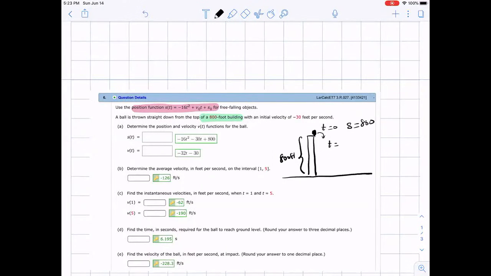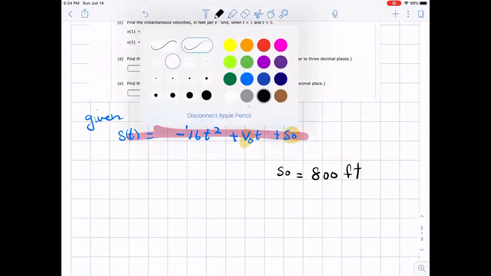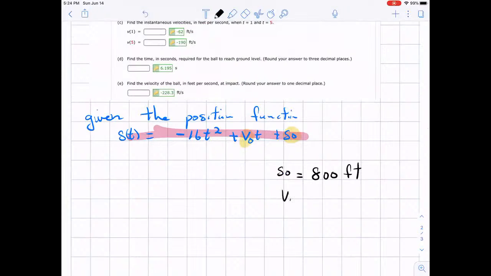As t becomes, let's say, 2 seconds, that s will reduce because the ball is falling. And the initial velocity given to you was minus 30. So that means that v0 is minus 30.